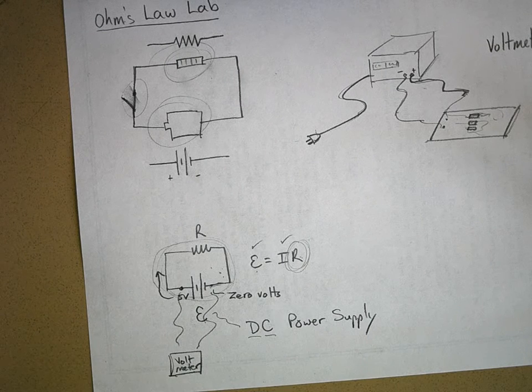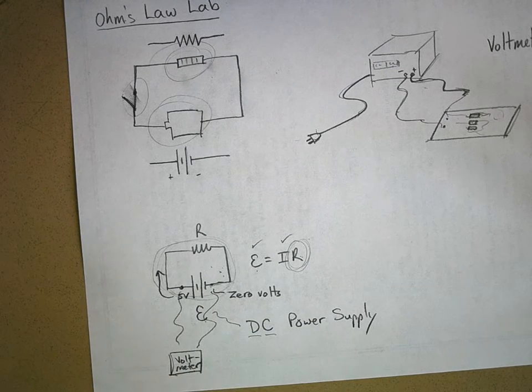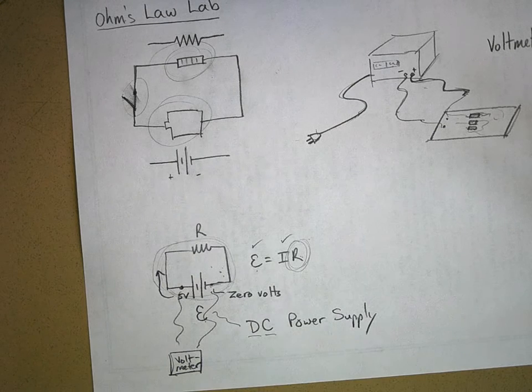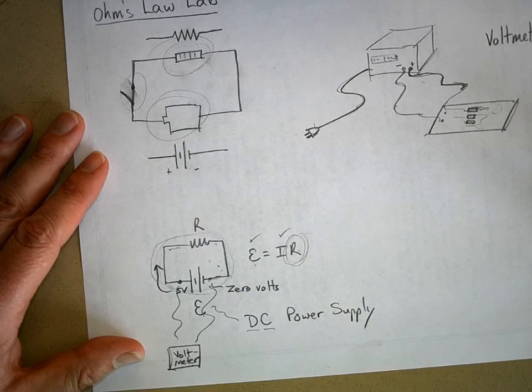Okay? So a voltmeter. So you always hook up voltmeters across a circuit element, because what you want to do is measure the voltage change, the change of an energy that's in the electricity as you go across something. Like if I want to know, okay, what's the voltage drop across this resistor?